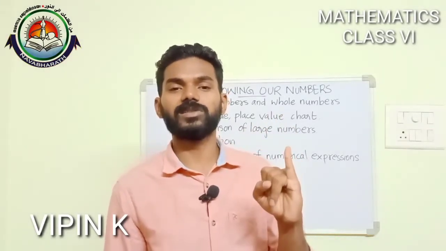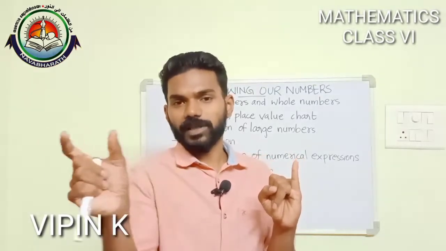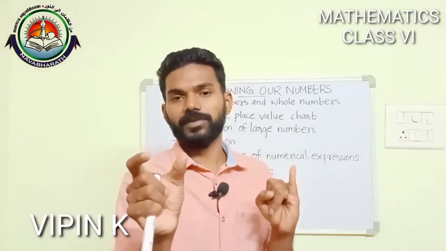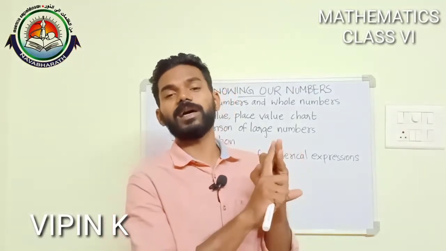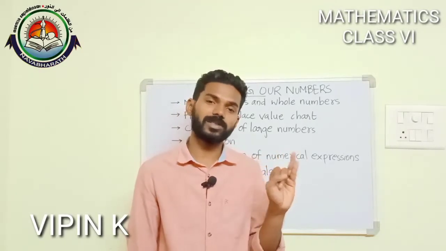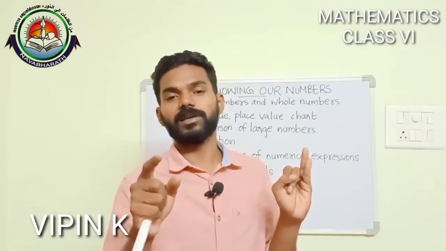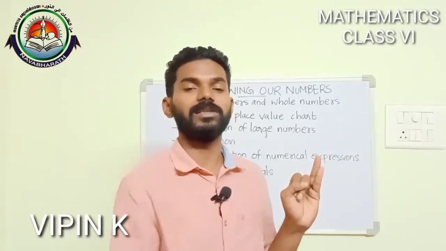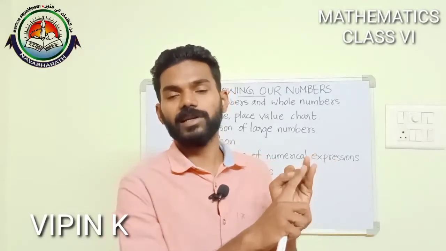In the Indian system, we place commas after the first 3 digits, thereafter every 2 digits. Clear? And in the international number system, we put commas after every 3 digits. So that's all about standard form.